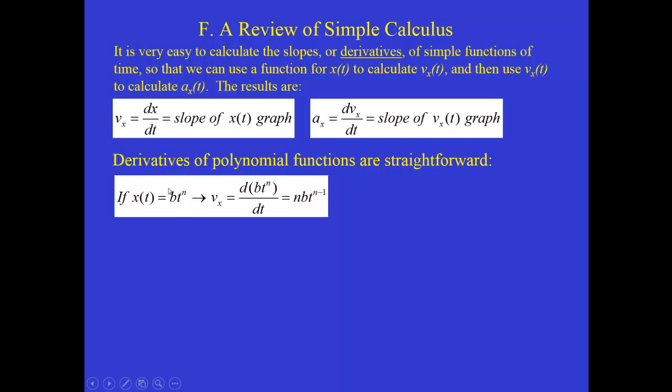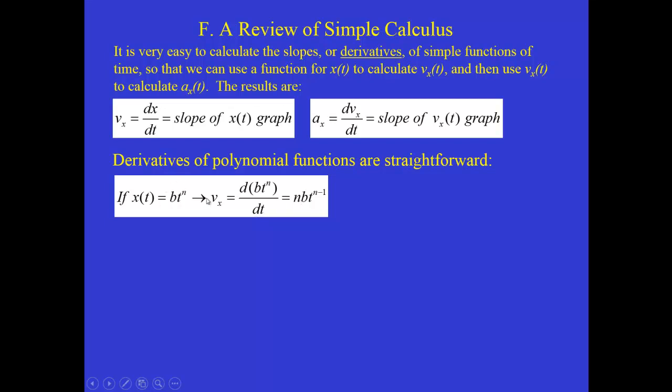So this kind of a simple polynomial, or a sum of polynomial terms like this, can be used to calculate the slope or the velocity as follows. So we would write this as d(bt^n)/dt, and here's the result.